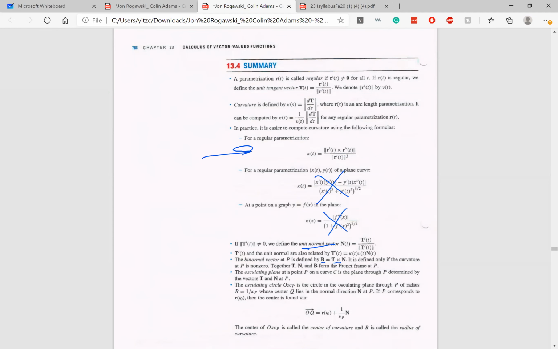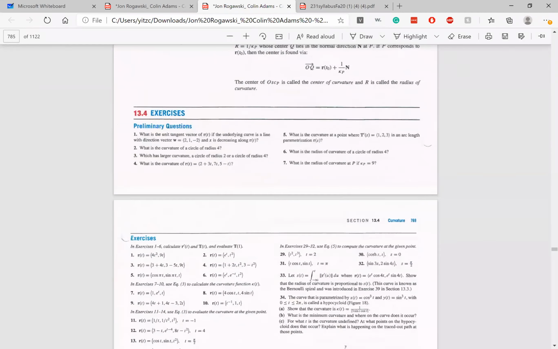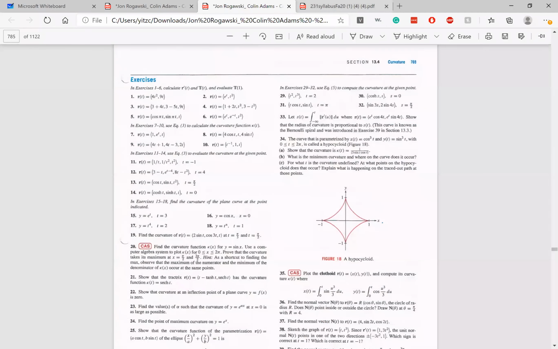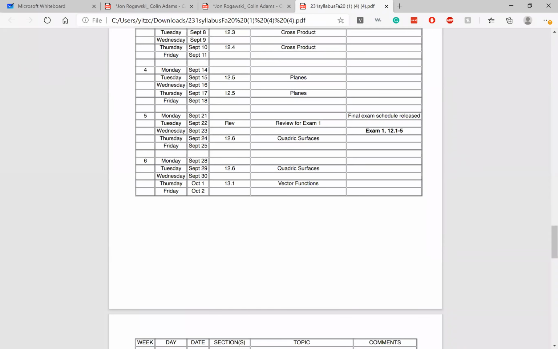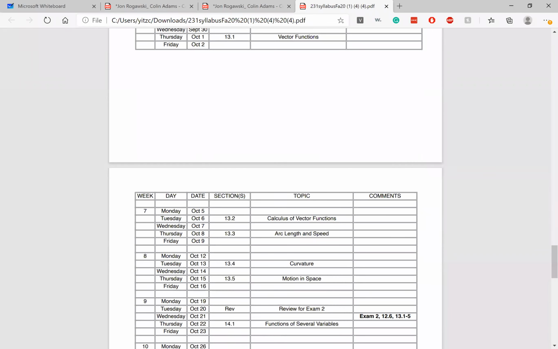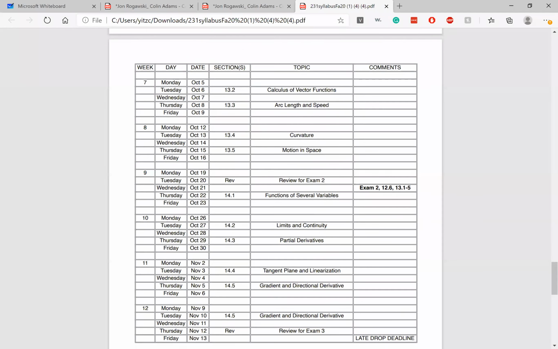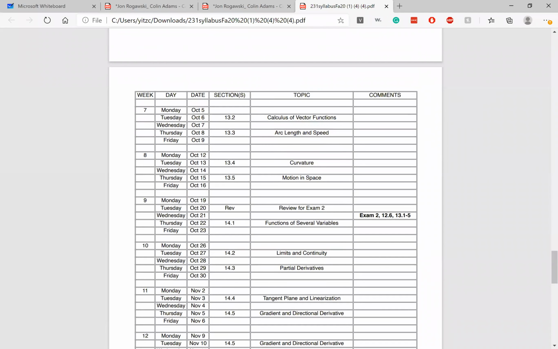And okay. So next class, we are going to continue with, let me see, motion in space. And then we're going to review next Tuesday for this exam. On Friday, you're going to have a quiz. Again, it's going to be up to everything, including arc length and speed and curvature.